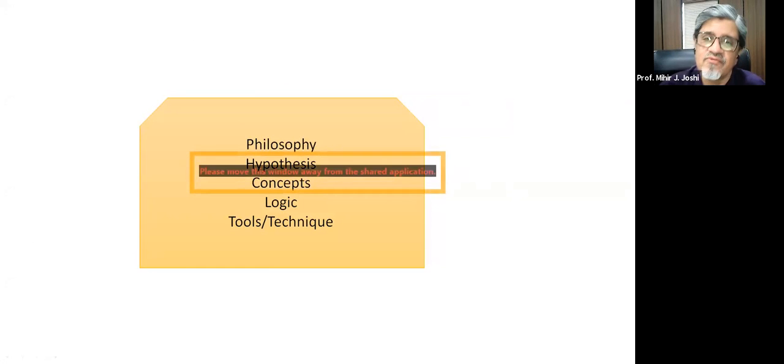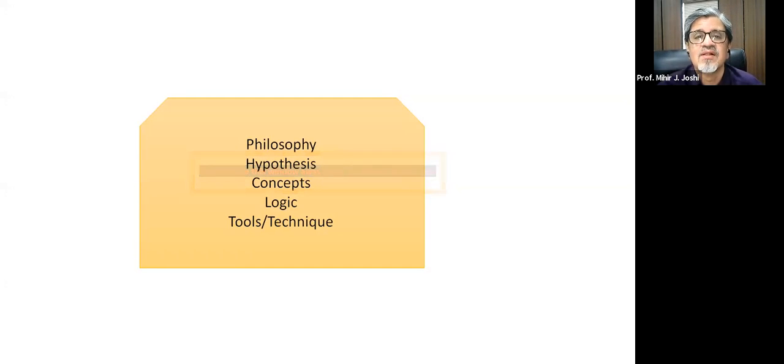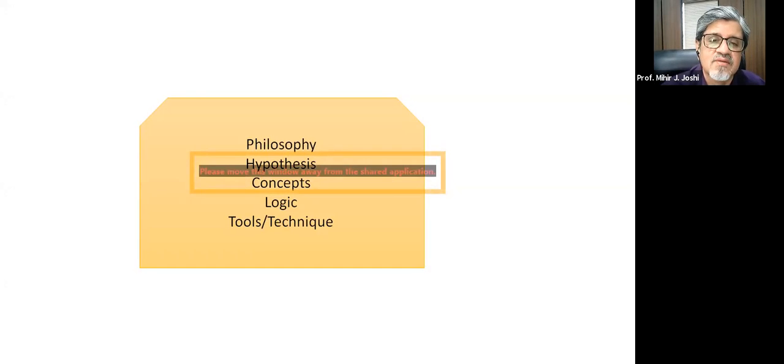Now, what is philosophy? We should not feel that it is a subject of arts, but here philosophy is related to science philosophy. In our particular case, in mechanics, we have two different philosophies. One is Newtonian mechanics philosophy, another is quantum mechanics philosophy. And we have studied both at the TY level. So we know the philosophical difference between Newtonian mechanics and quantum mechanics.